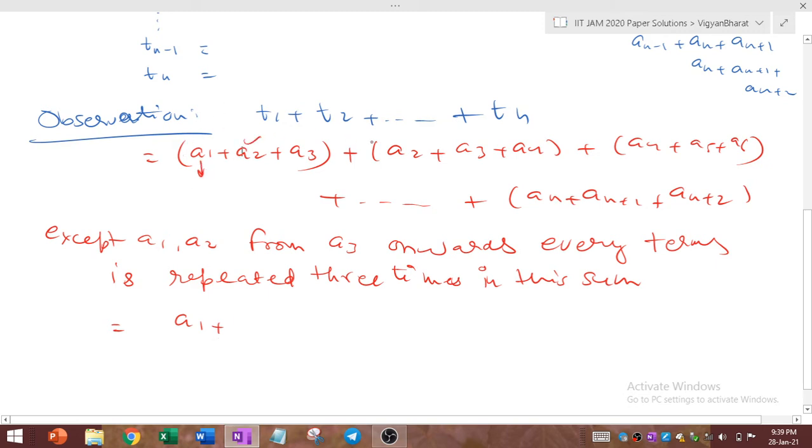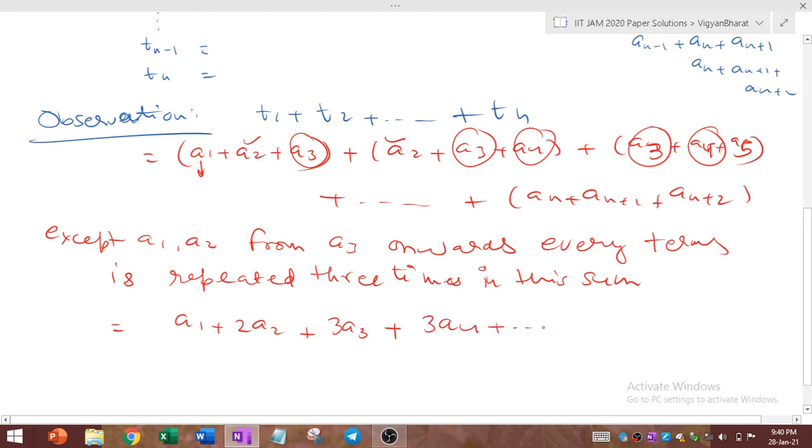Now A2 is coming twice, so it will be twice A2. Next, A3 is coming 3 times. Okay, there's a mistake. This is A3, this is A4, this is A5. Yeah, so now if you see A3 onwards, it comes 3 times, 1, 2, and 3. So it is 3 times A3. Likewise, A4 will also come 3 times, one here and one in the next bracket. So it is 3 times A4, and likewise, it is still 3 times An.